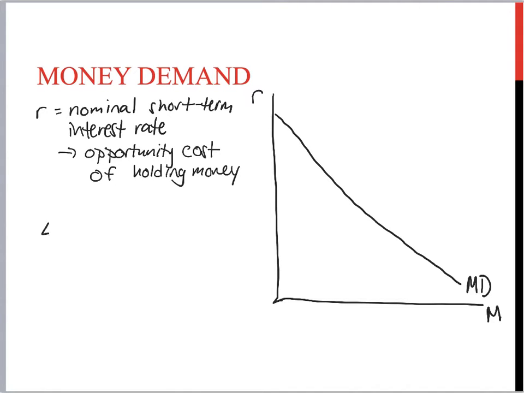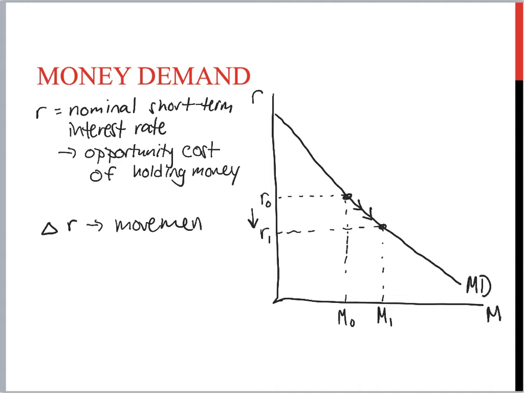And whenever we have a change in the interest rate, then we're going to have a movement along that money demand curve, or a change in the quantity of money demanded.